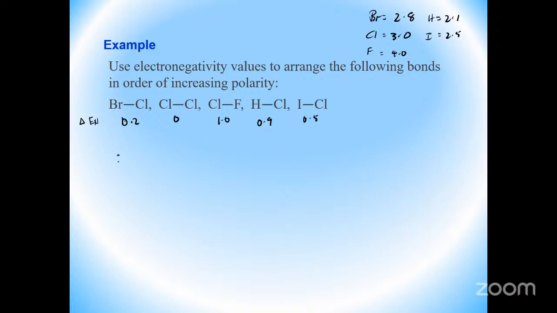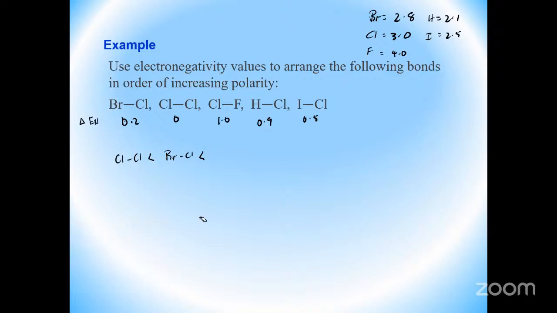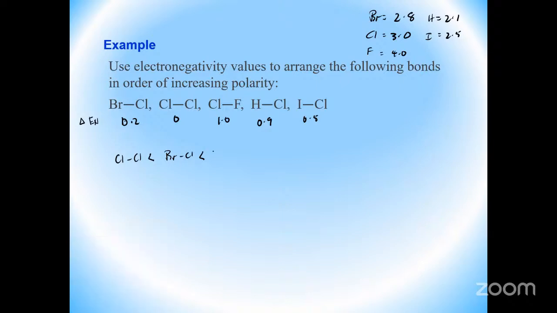So basically, the chlorine to chlorine bond would be the least polar, followed by the bromine to chlorine bond, followed by the iodine to chlorine bond, followed by, no, wait a minute.